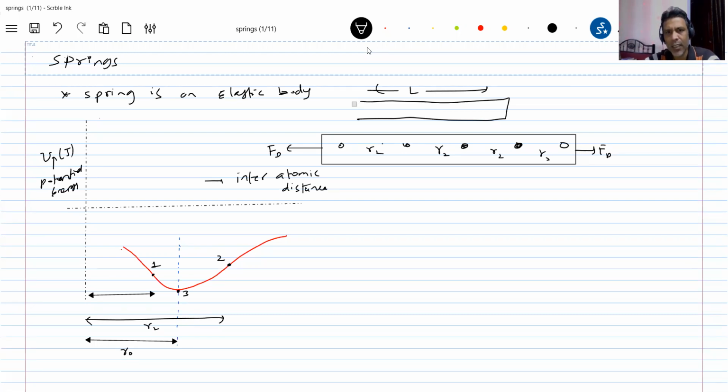So initially, if you look at the body, what is the distance between the atoms? It will be equal to, say, R naught, you call it.